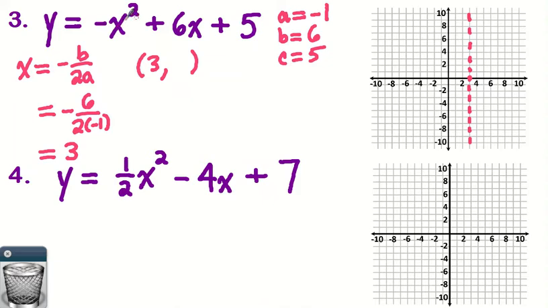So this is going to be negative 9, not positive 9. Negative 9 plus 18 is 9, plus 5 is 14.